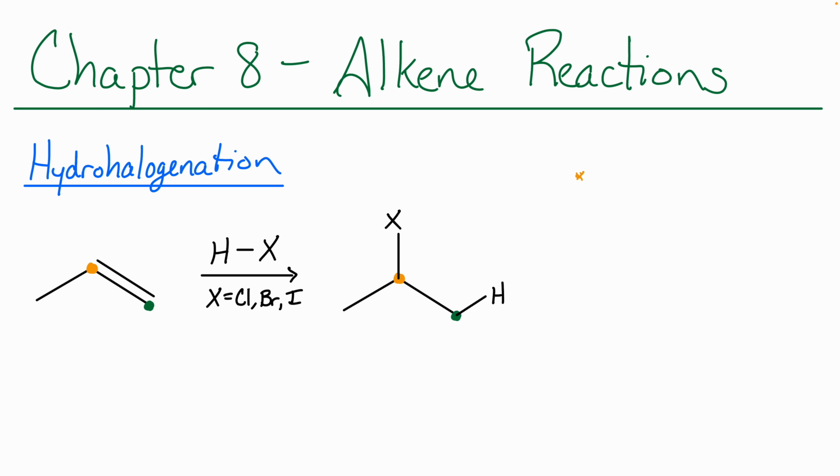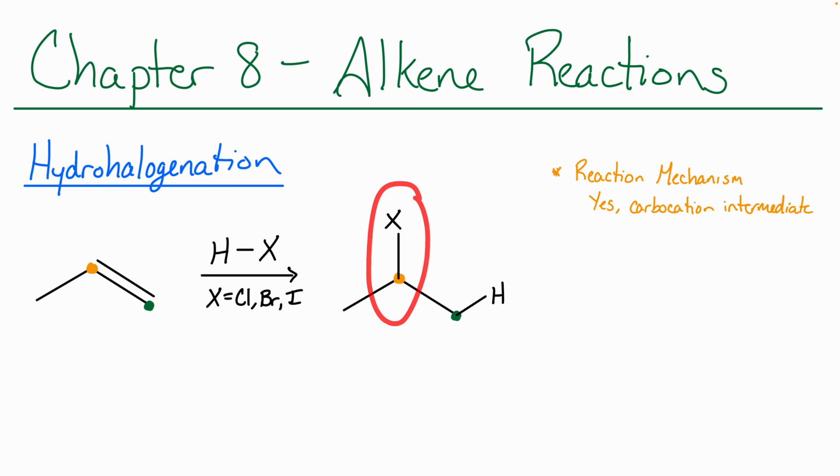So first of all, for some reactions, we have our reaction mechanism. And this is an example where, yes, we have a reaction mechanism, or we should know our reaction mechanism. And we're going to note that the mechanism is characterized by that carbocation intermediate. As we noted, y'all told me that we had to put that halogen on a specific carbon.